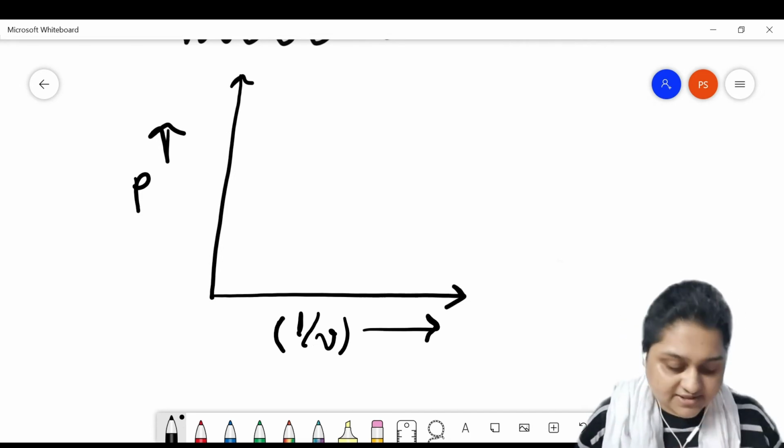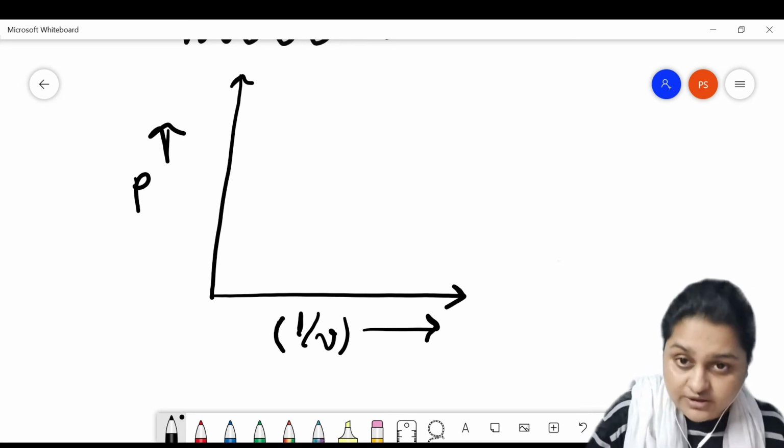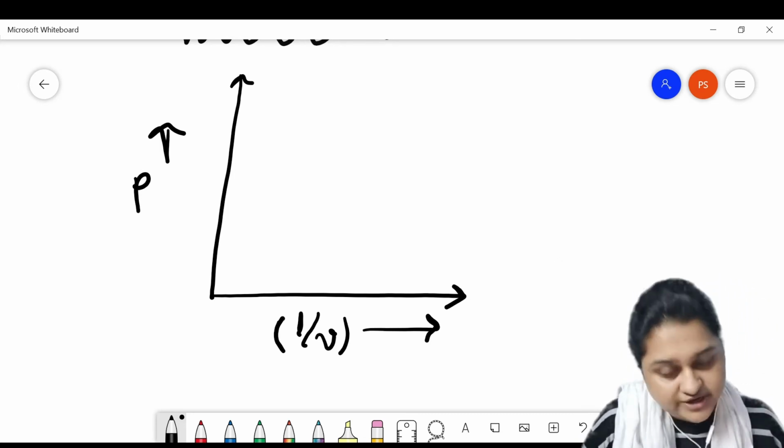So the x-axis is the 1 by V axis and the y-axis is the pressure axis.